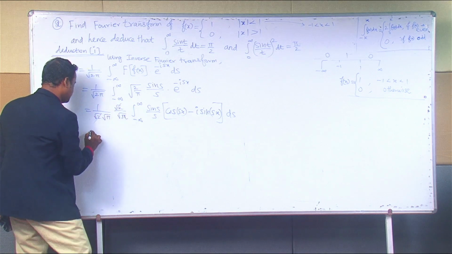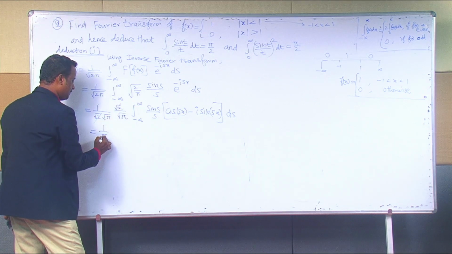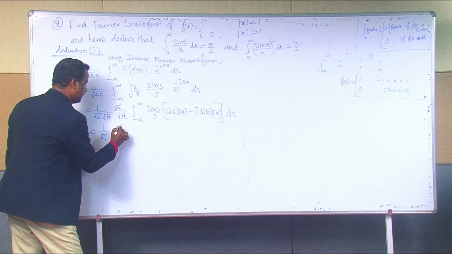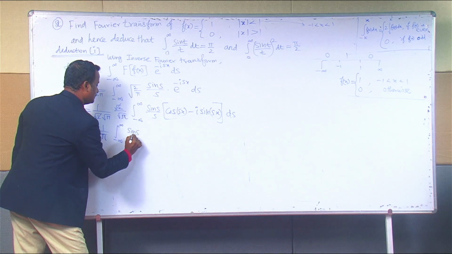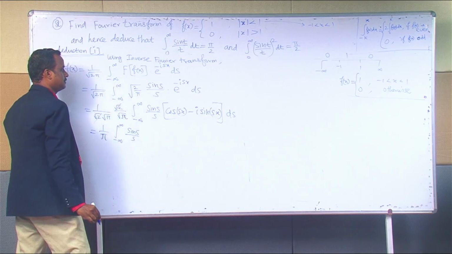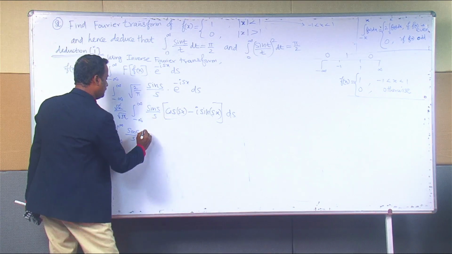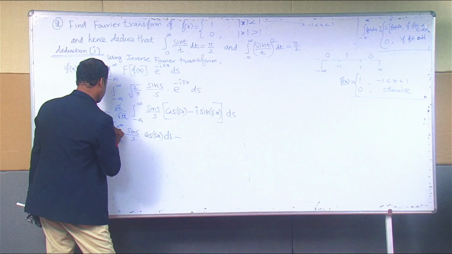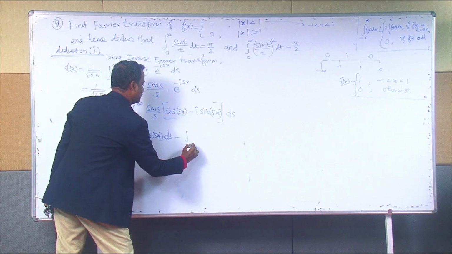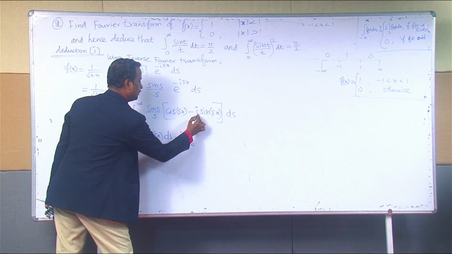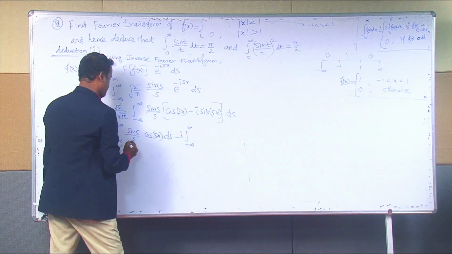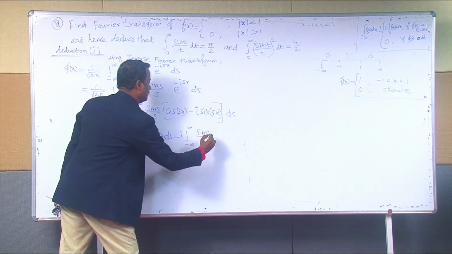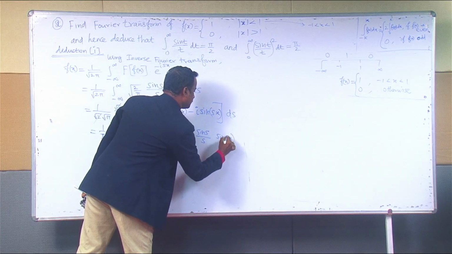Here root 2 gets cancelled, 1 by pi into root pi becomes pi. 1 by pi into integral minus infinity to plus infinity sin s divided by s into cos sx ds minus integral minus infinity to plus infinity i times sin s by s into sin sx ds.